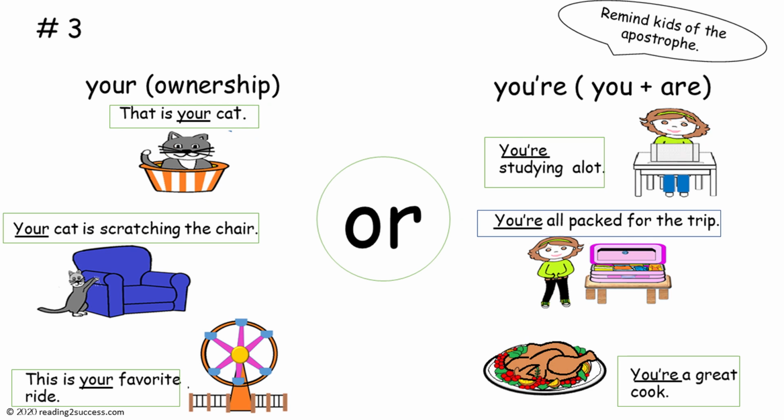Your cat is scratching the chair, and this is your favorite ride. And the three examples for the contraction you are. You're studying a lot. You are studying a lot. You're all packed for the trip. You are all packed for the trip. And you're a great cook. You are a great cook.